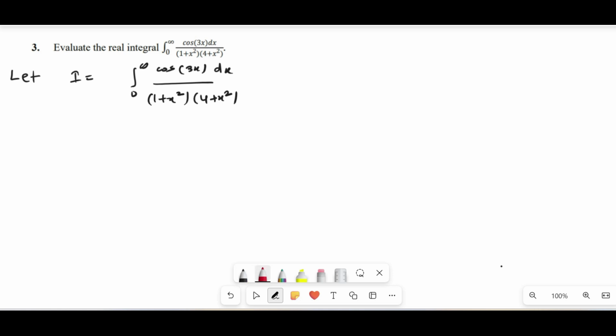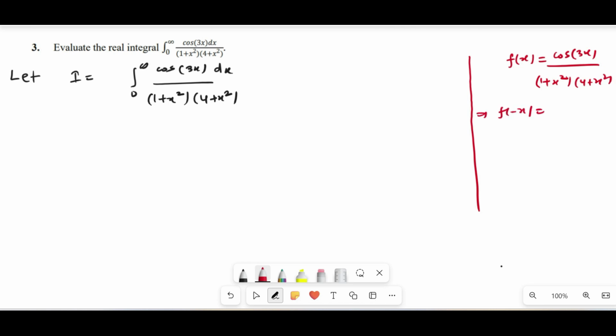So as we can see, the function f of x, that is cos of 3x over 1 plus x square and 4 plus x square, satisfies the condition f of negative x is equal to f of x. It implies the given function f is an even function.